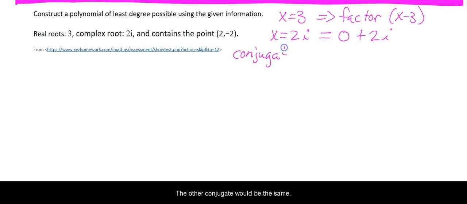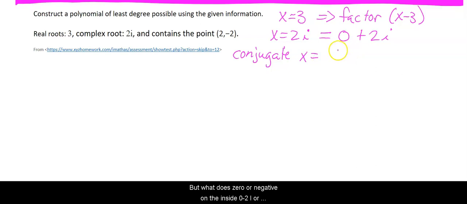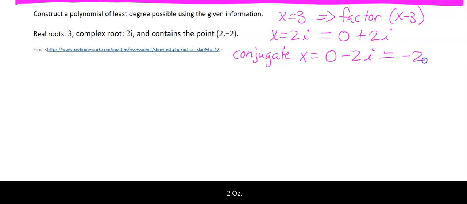The other conjugate would be the same, but with a 0 minus 2i, or you could write it as negative 2i. I need to convert the complex ones into factors.